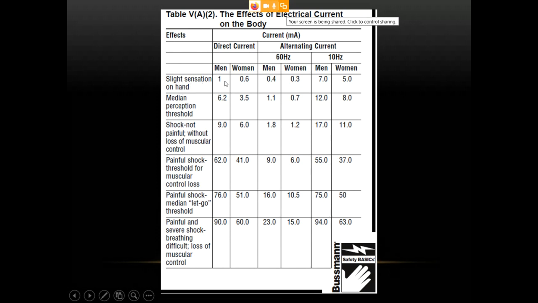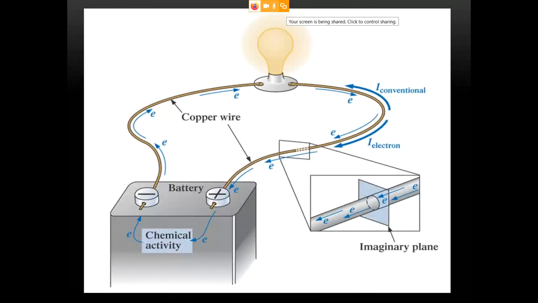Okay, and so you see here with just 1 milliamp, you can feel that on your hand. But if you get up to around 100 milliamps, then it's going to be very painful, and it could cause breathing or other muscular control issues, which, like I say, your heart is a muscle, and it can affect your heart.